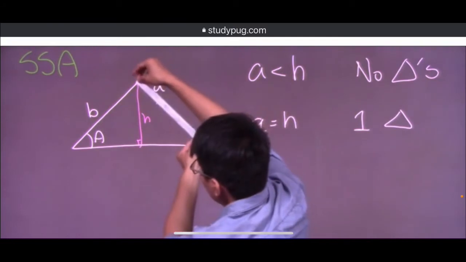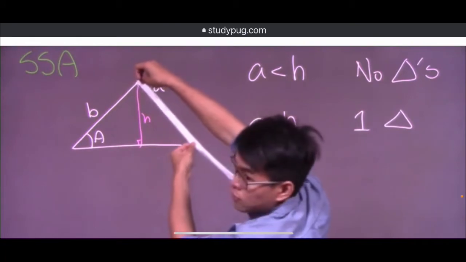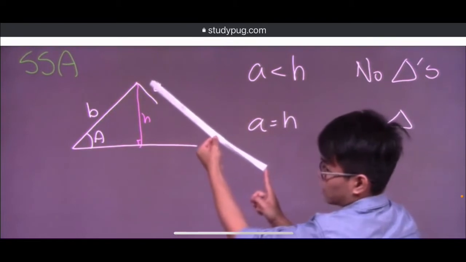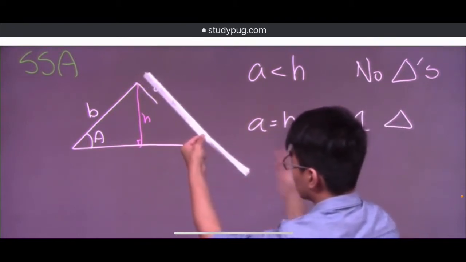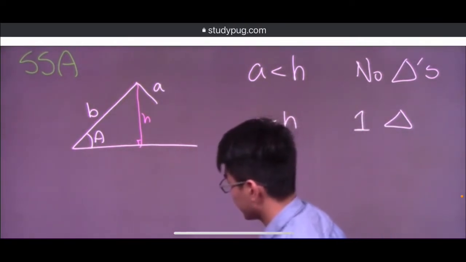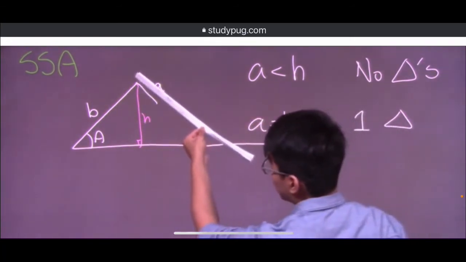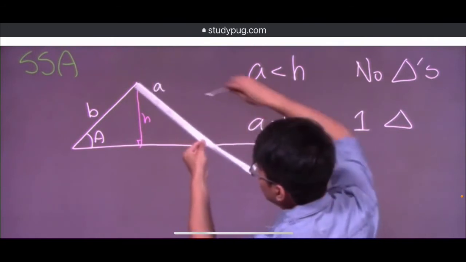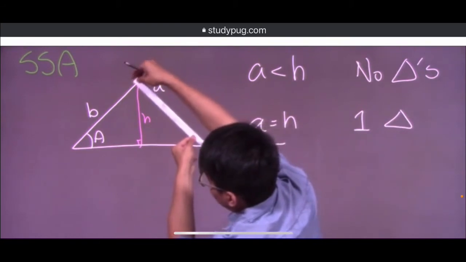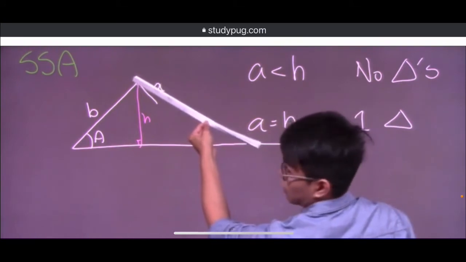As we rotate it like this, the only spot that this end of the edge would touch would be somewhere around this region. Let me extend the base of this triangle. While this point is fixed on that pivot, the only spot this end of the edge would touch would be somewhere like this here.